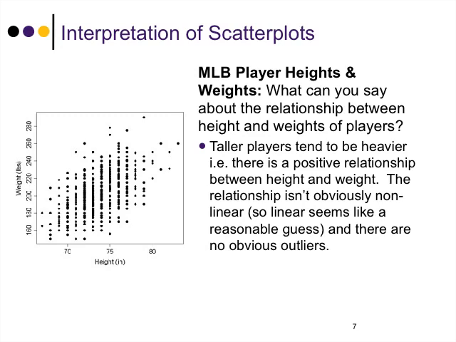All right. Likewise, in the players' heights versus their weights, it looks like there is a positive relationship between height and weight. The relationship isn't obviously non-linear, so linear seems like a reasonable guess, and there are no obvious outliers either. Okay.